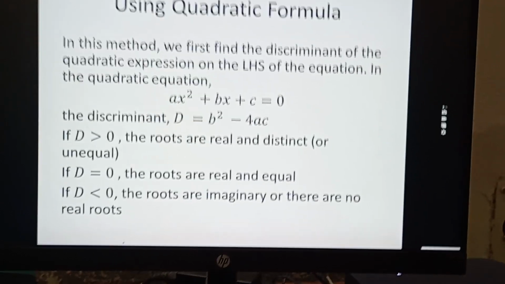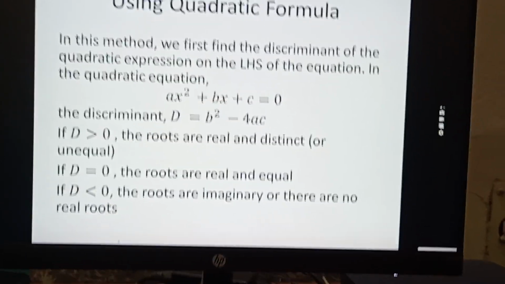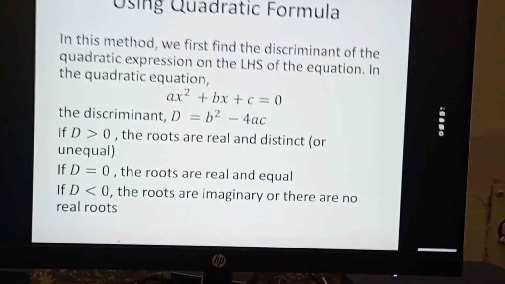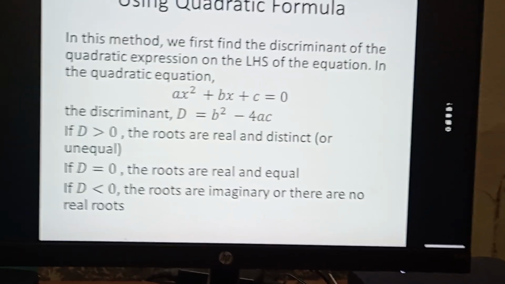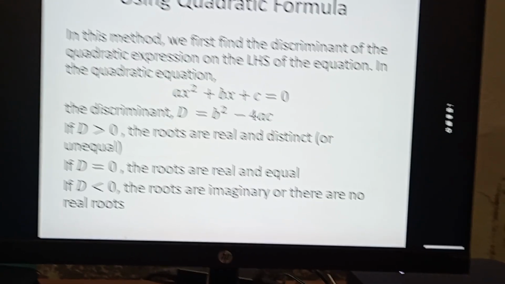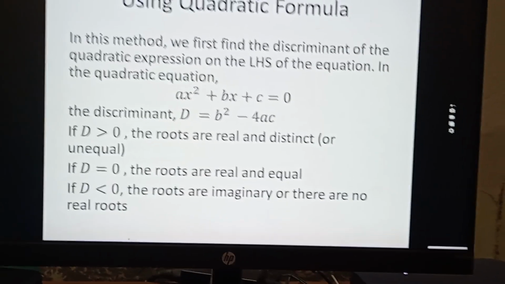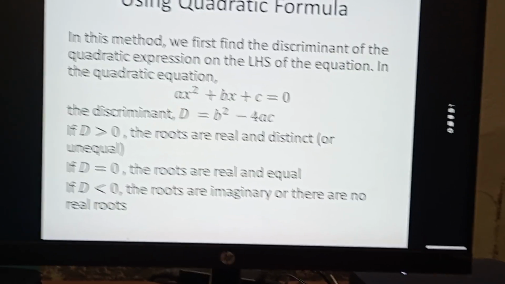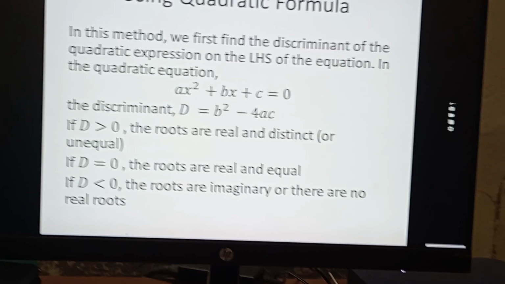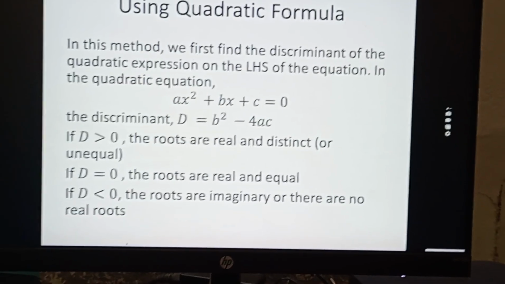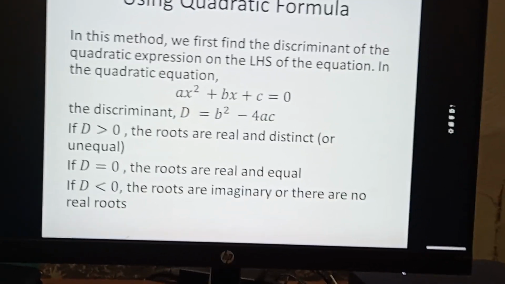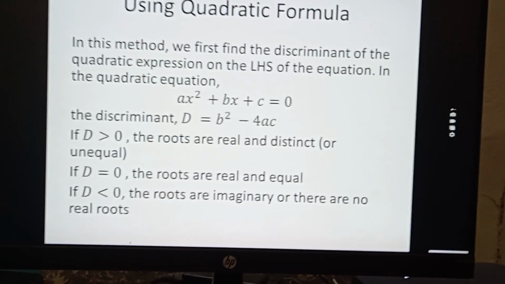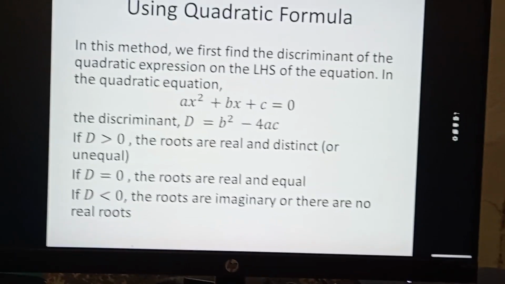If D is greater than 0, the roots are real and distinct, that is, real and unequal. If D is equal to 0, then the roots are real and equal. If D is less than 0, a negative value, the roots are imaginary or there are no real roots.